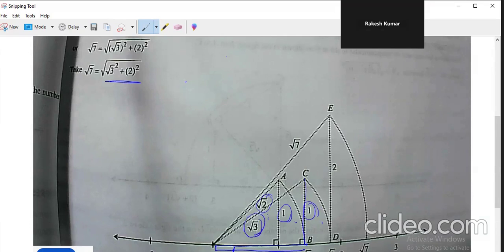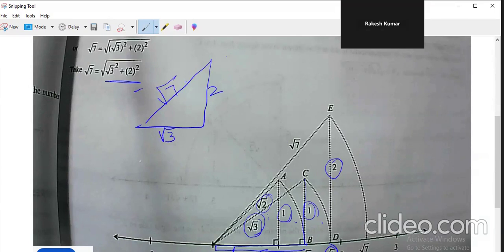So you got root 2 and root 1, you get root 3. Then root 3 you make, and you make 2 here. So basically I made a rectangle which has 2 here and root 3 here. So I will get root 7 here.